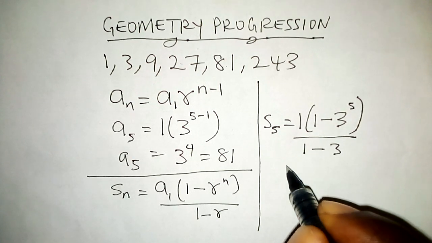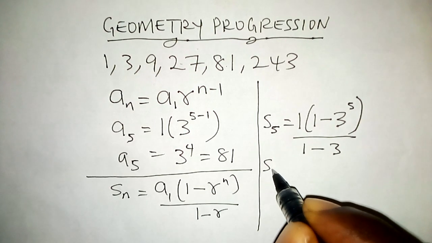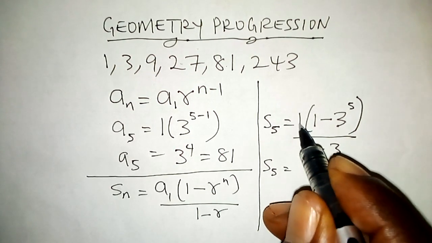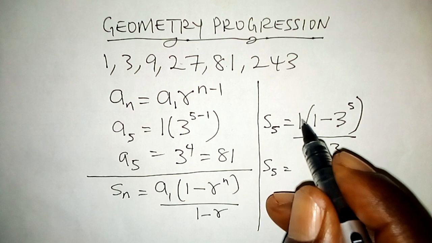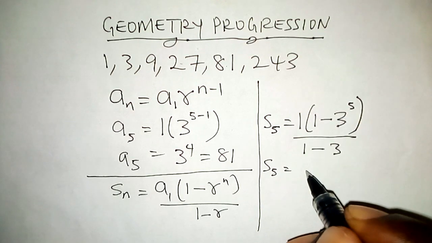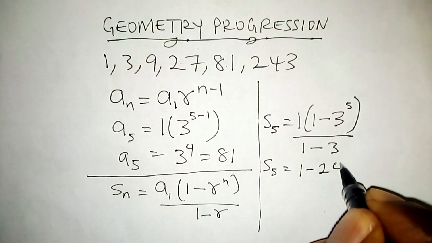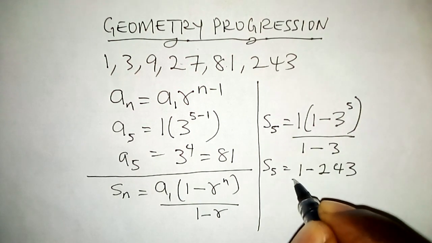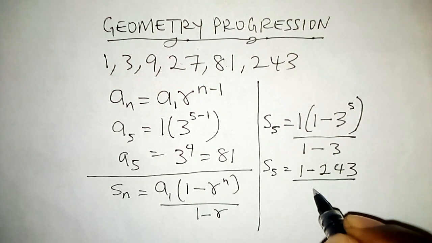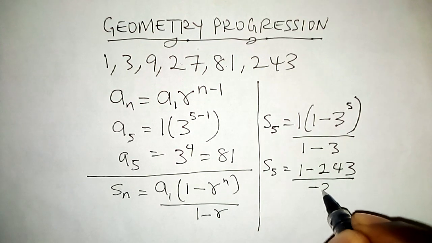243. So it simply means that we will rewrite as S subscript 5 equals 1, which here does not mean anything, because 1 multiplying all inside this bracket will still give us what is inside the bracket. So 1 minus 243 all over 1 minus 3, which will give us minus 2.